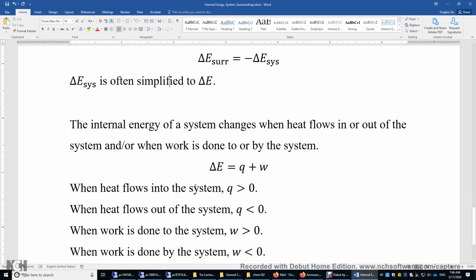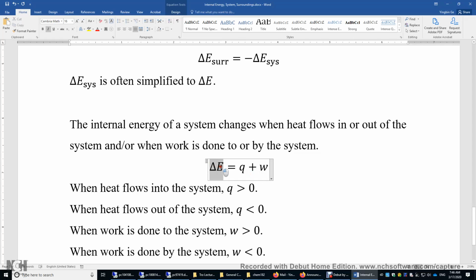The internal energy of a system changes when heat flows into or out of the system. Or if work is done to the system or by the system, that will also change the internal energy. We can use a simple equation here. Delta E equals Q plus W to quantify the above statement.